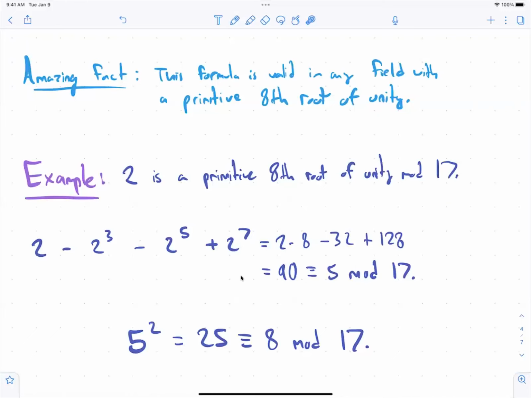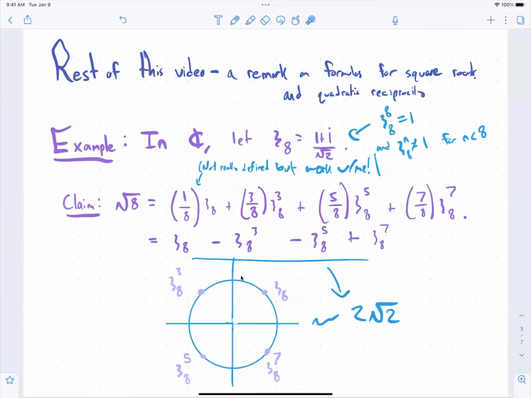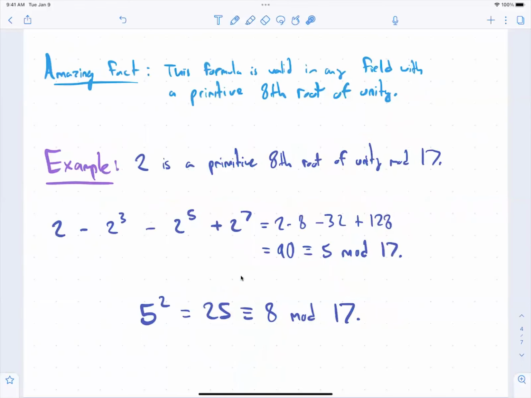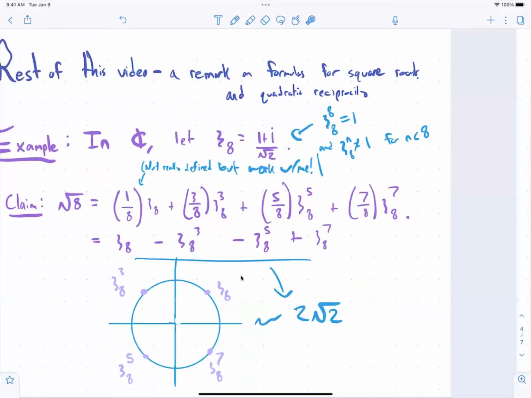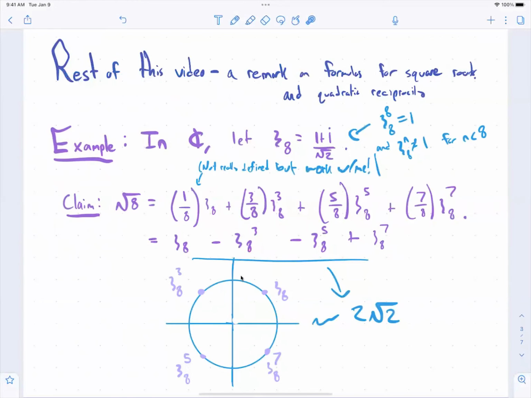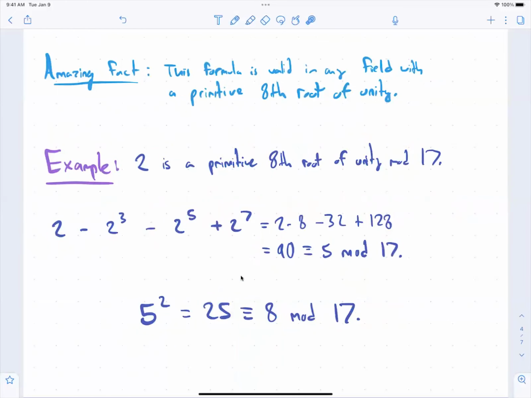So 2 is a primitive eighth root of unity mod 17, in the field of 17 elements, just like 1 plus i over square root of 2 is a primitive eighth root of unity in the complex numbers. Now, the crazy thing is, if I do the same formula, 2 minus 2 cubed minus 2 to the 5th plus 2 to the 7th, so everywhere I had zeta 8, I wrote 2, then I get 2 minus 8 minus 32 plus 128.